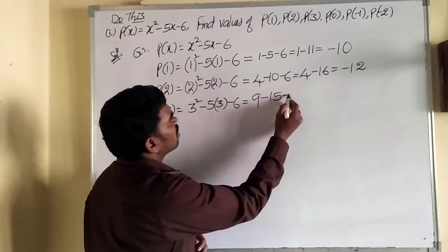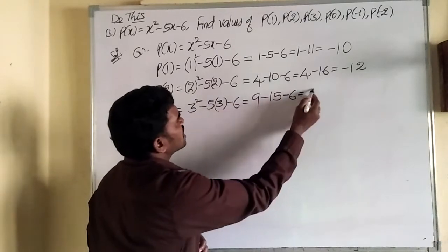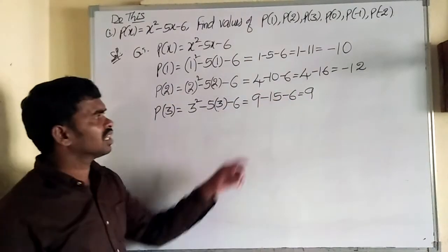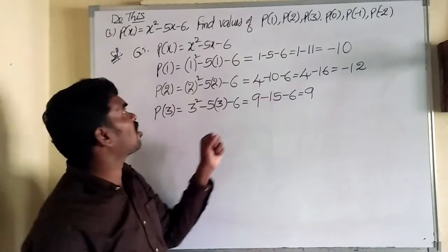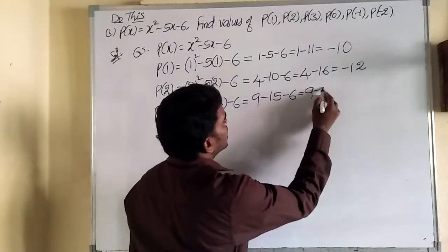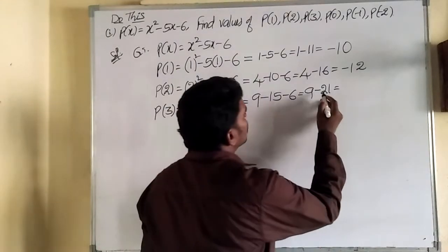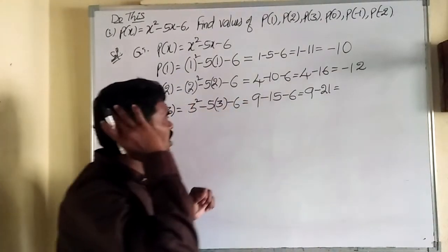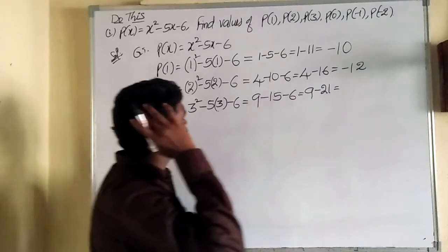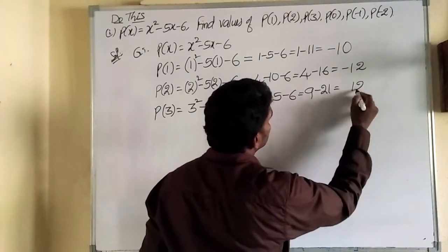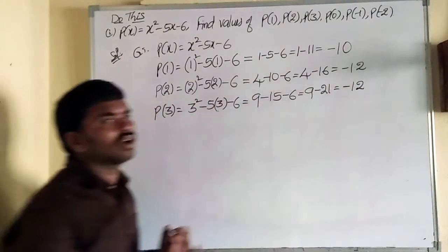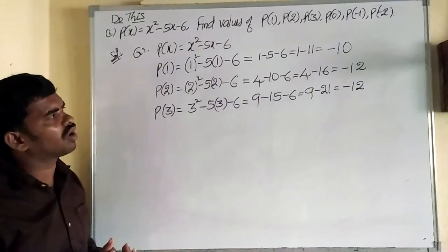Next minus 6, plus 9 as it is. Minus 15 minus 6 is minus 21. The subtraction becomes 21 minus 9, which is 12. My negative terms are more, so the answer is minus 12.